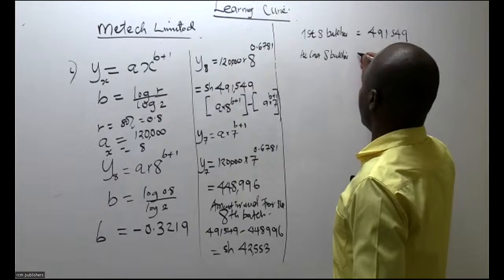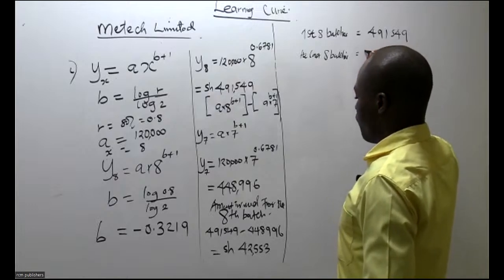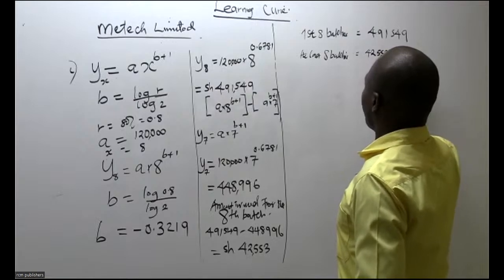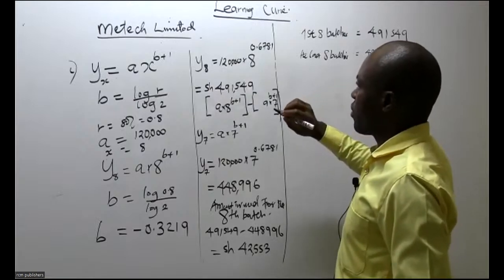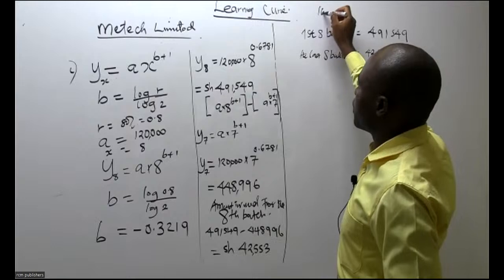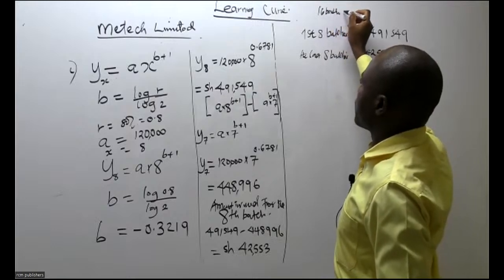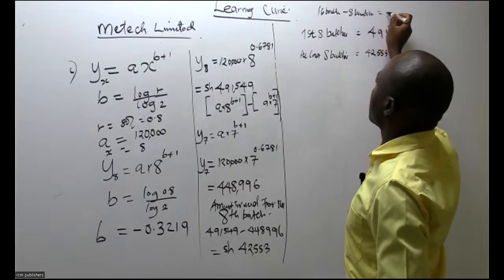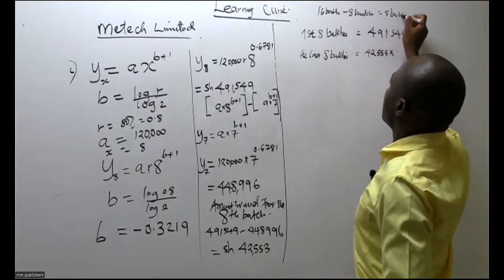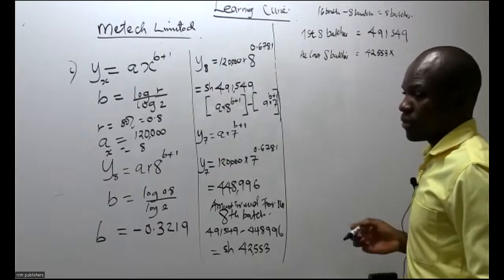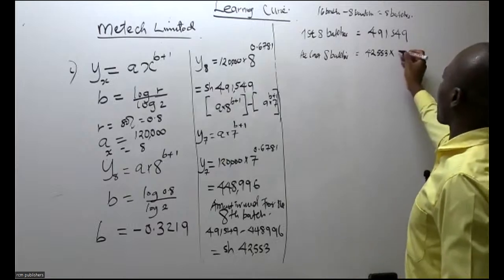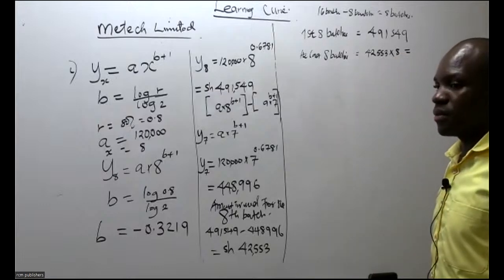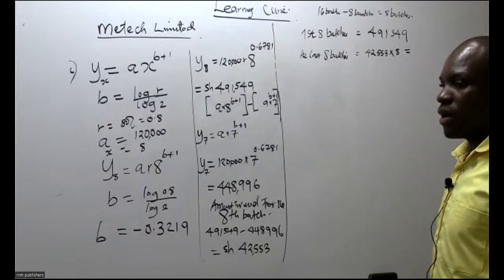So it is basically equivalent to 42,553. We multiply by how many batches are remaining. The life of the project has got 16 batches. We've produced 8 batches, so we have a balance of 8 batches. So let's get the total cost you are going to incur to produce the last 8 batches. How much will you incur?